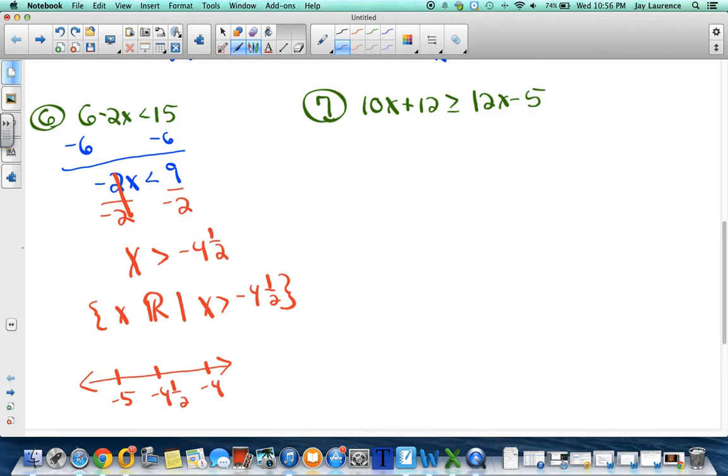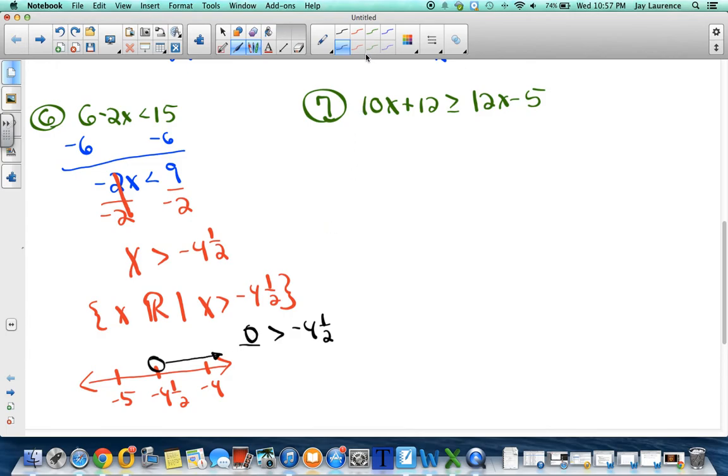We're going to have an open point, we need numbers bigger than negative 4.5. Please start testing. Please don't just guess. Put a number bigger than negative 4.5. How about 0? 0 is definitely bigger than negative 4.5. I'm going to shade towards 0.